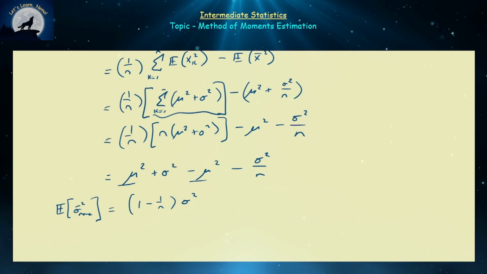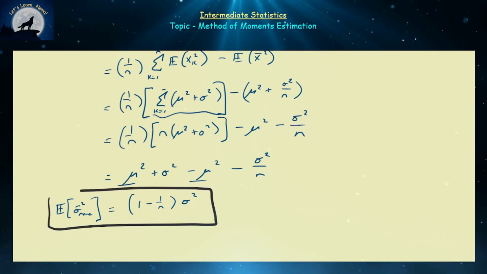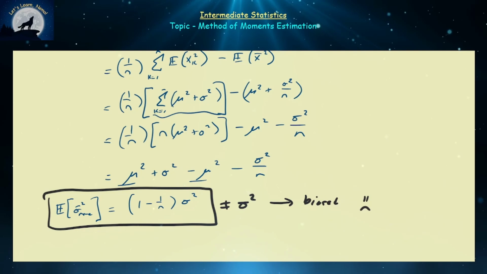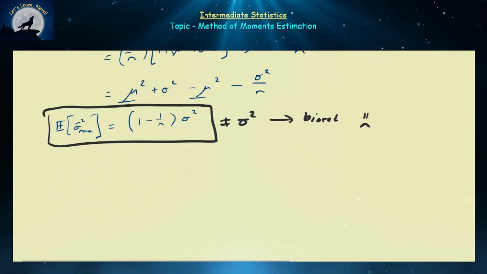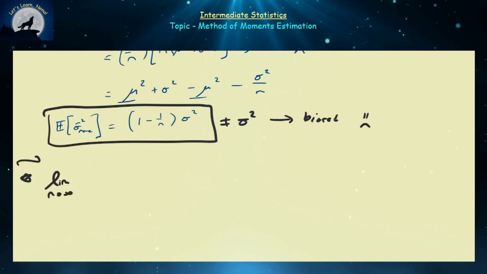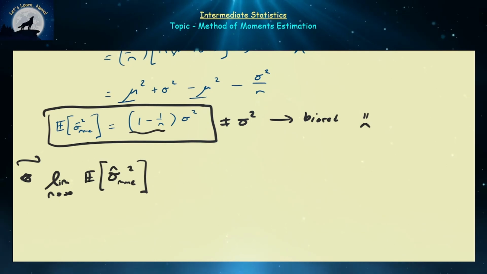Right? So obviously this is not equal to sigma squared, which means it is a biased estimate for sigma squared. But it does have one slight sub-advantage, because if we take the limit as n goes to infinity of the expected value of sigma hat squared MME, notice that 1 over n goes to 0, and then we're going to have 1 minus 0, which is 1, so this is going to be equal to sigma squared, right?